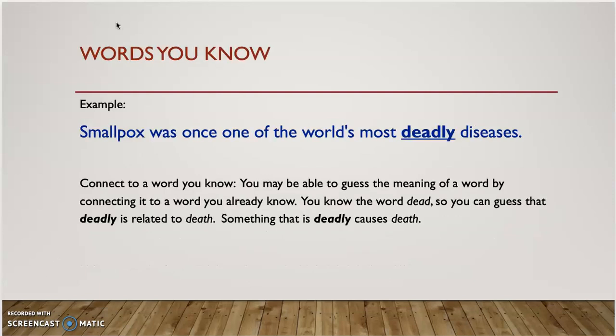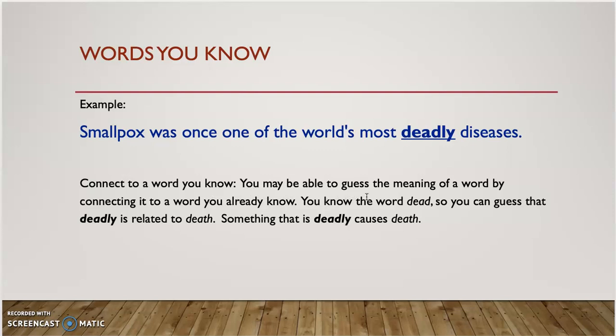Another strategy is to use words you already know to help you with words you don't. So in this case, smallpox was once one of the world's most deadly diseases. So we're going to connect the word deadly to a word you know.